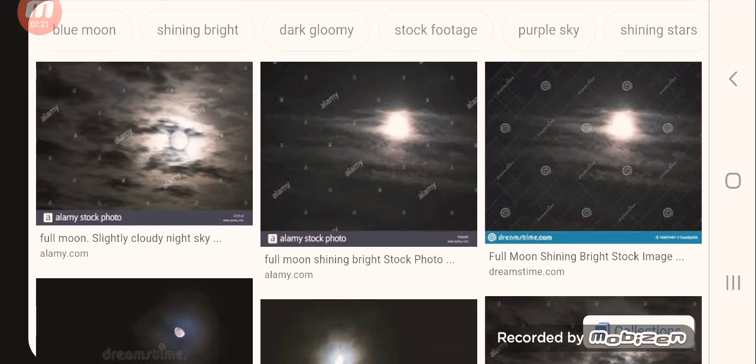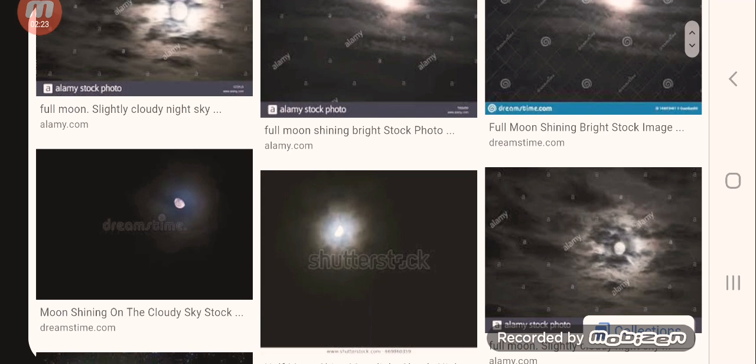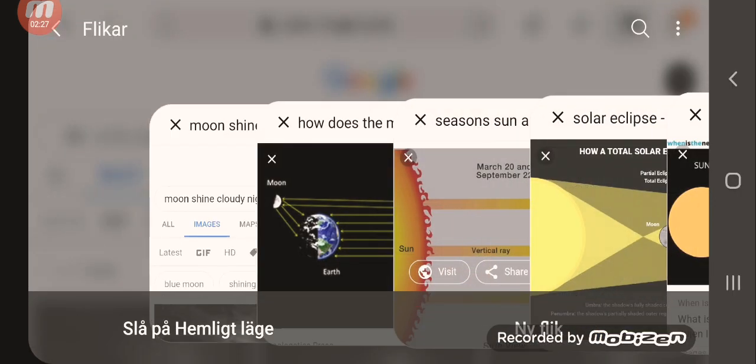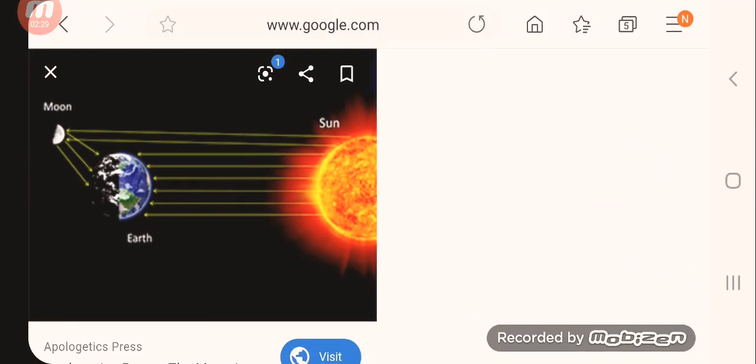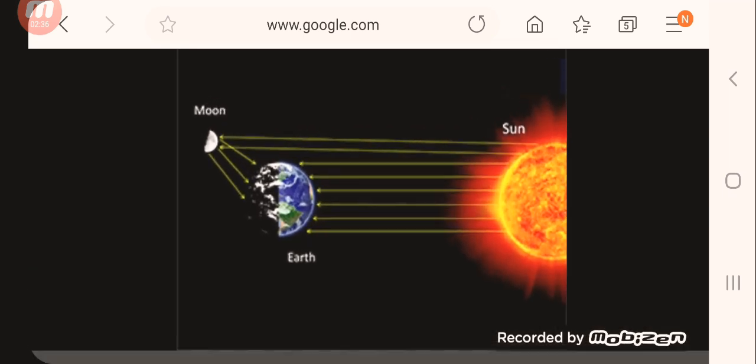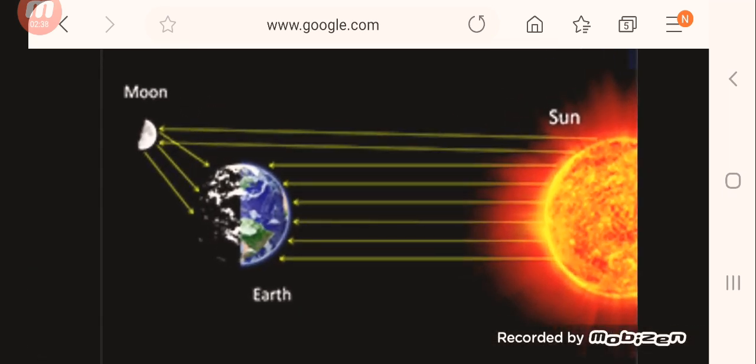And we are gonna look at the heliocentric model and see what it shows us. So here we go. This is supposedly how things should work in the heliocentric model.